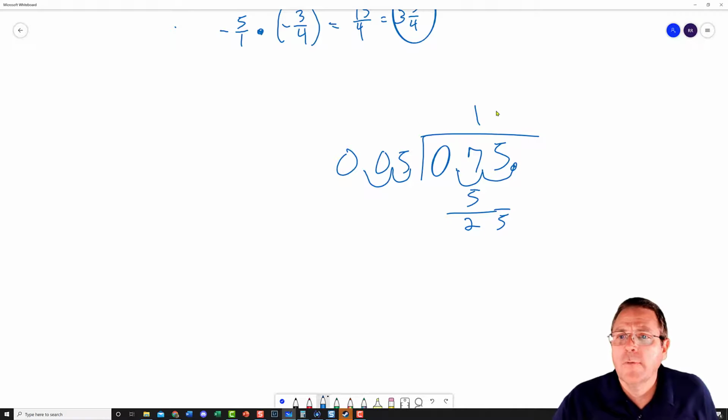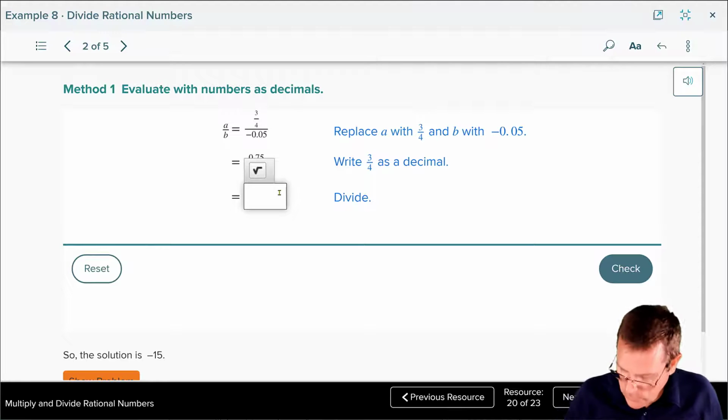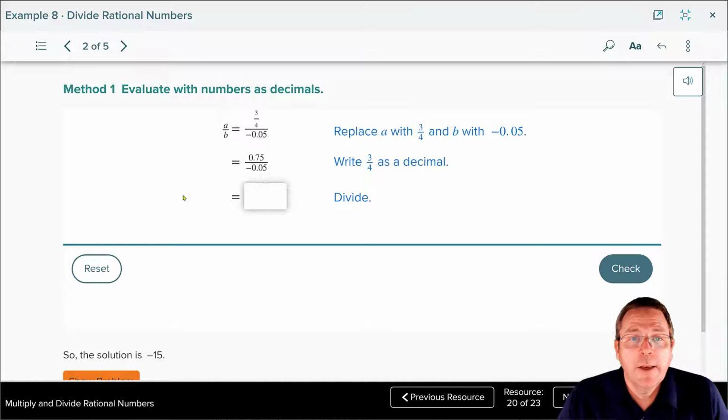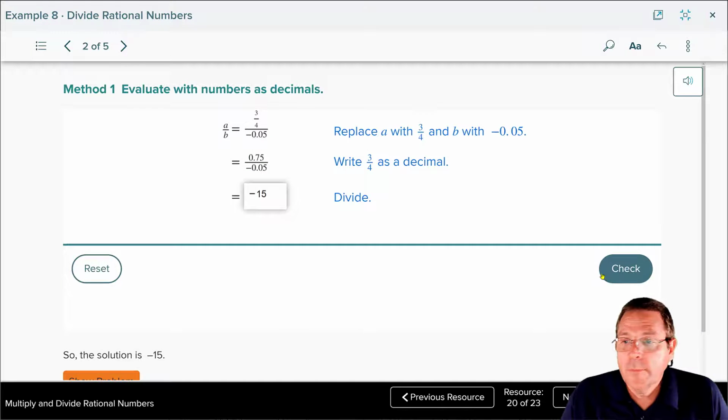Bring down the 5, and it goes into 25 5 times, which is 25 with nothing left over. So the first thing we know is that there's going to be a 15 involved there. But I also have to keep in mind I have a positive divided by a negative, so my final answer is going to be a negative 15. Accept and check. The answer checks.